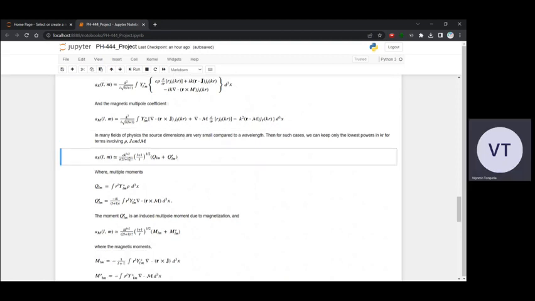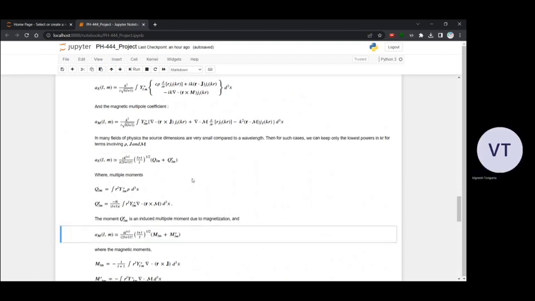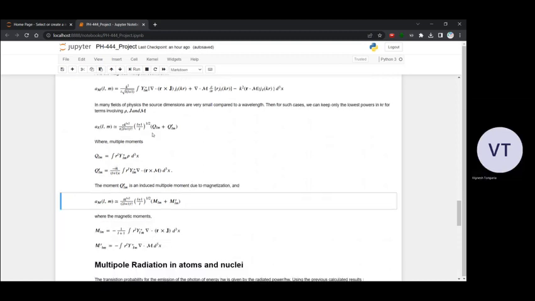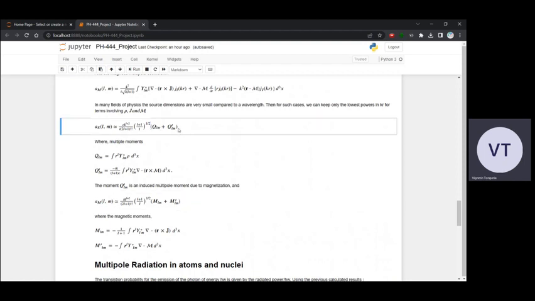And when we do that, we see that the multipole coefficients come out to be this and this right here. Individually, the coefficients can be written as the superposition of two multipole moments, and this one is induced due to magnetization in the case of the electric multipole.